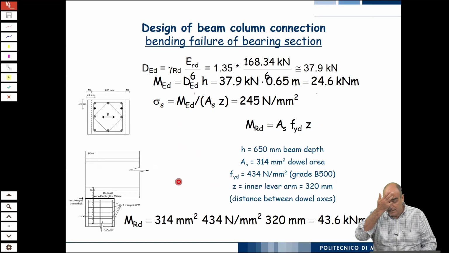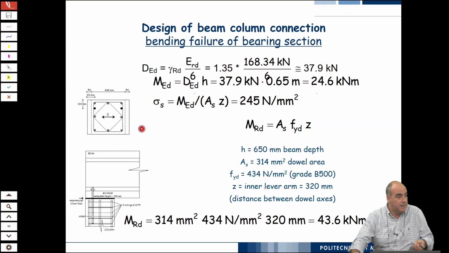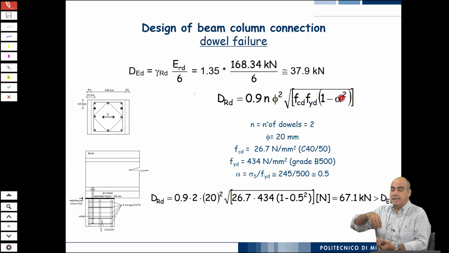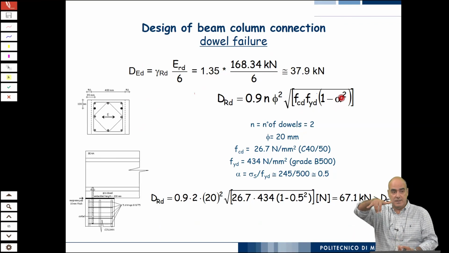Here, for example, is the bending failure of the beam cross section, which is a typical design of a reinforced concrete cross section. This is the dowel failure according to the model that we have seen before. You see here you have 1 minus alpha square. This is because you can expect in the dowel some tensile forces because of the tilting action.